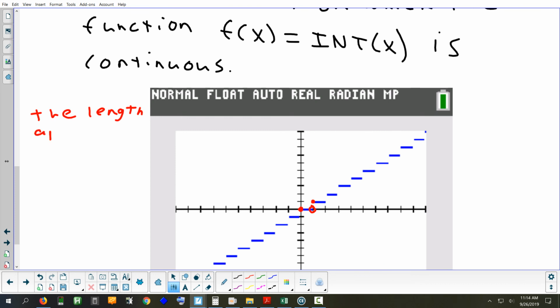You could say the length approaches 1. And that's getting into the idea of what's called a limit. It's getting closer and closer and closer to 1, as close as you want it to be. Right? It's like 0.9 repeating. But the length approaches the number 1. It gets very, very close to it.